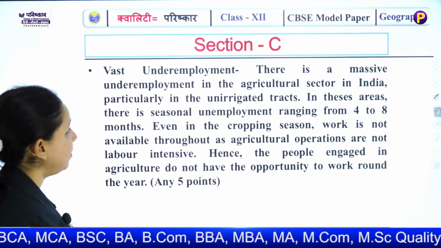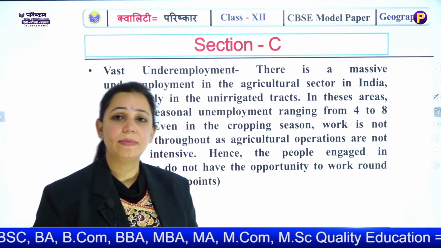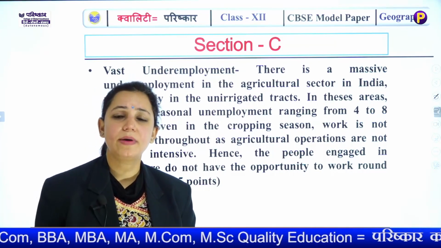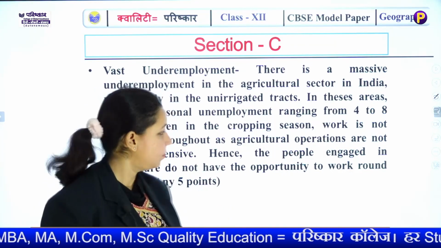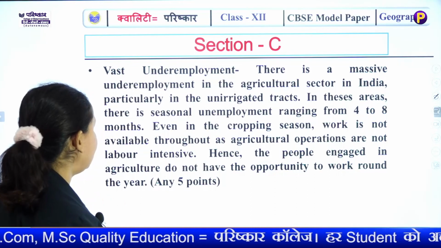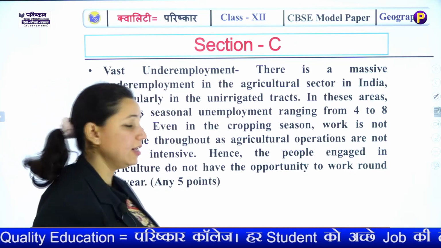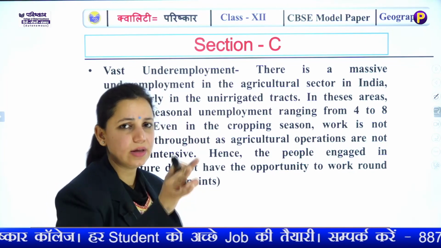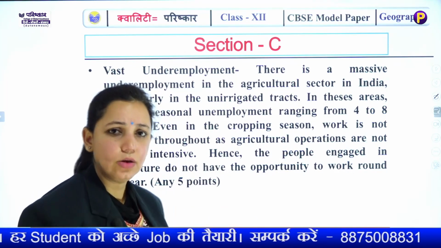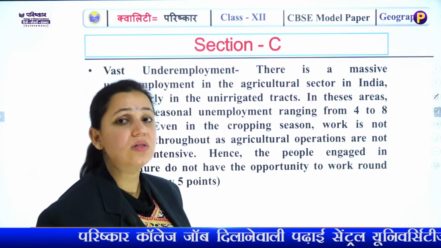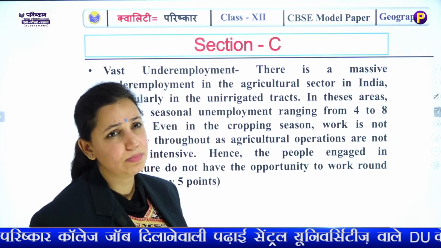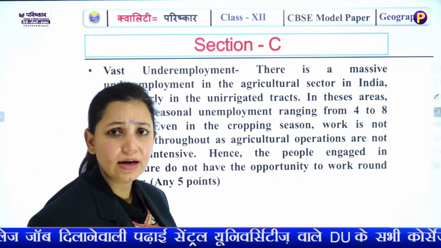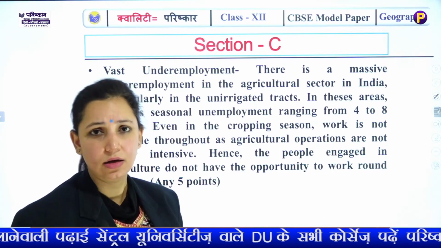Vast underemployment: they are employed in the cropping season, and in the non-cropping season they are unemployed, so they are hit hard and not engaged year round. You can choose any 5 points among these and write elaborate answers, citing current examples from the newspaper and reforms being made by the Indian government itself.